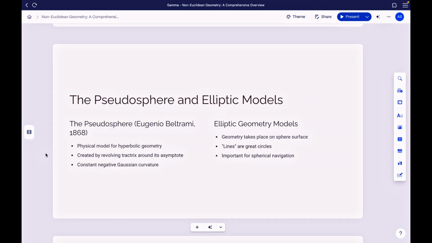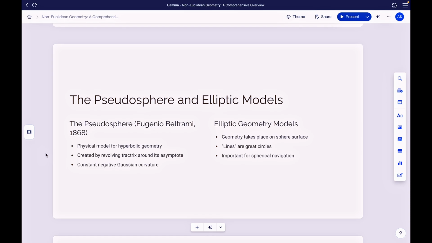Here are a few models, especially the pseudosphere, which is from Eugenio Beltrami. Sorry if I butchered their name again. In about 1868, he published this. Now, this is a physical model for hyperbolic geometry, created by revolving a tractrix around its asymptote. So, what is a tractrix, you might ask?